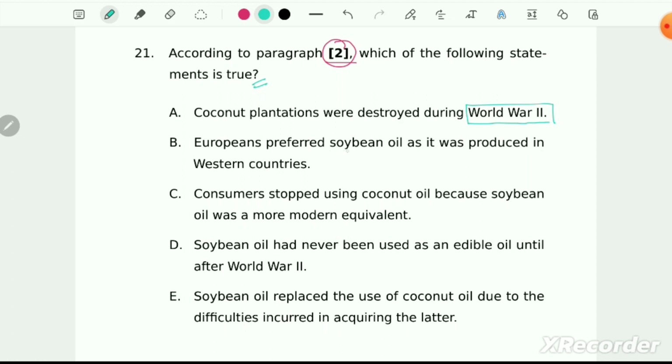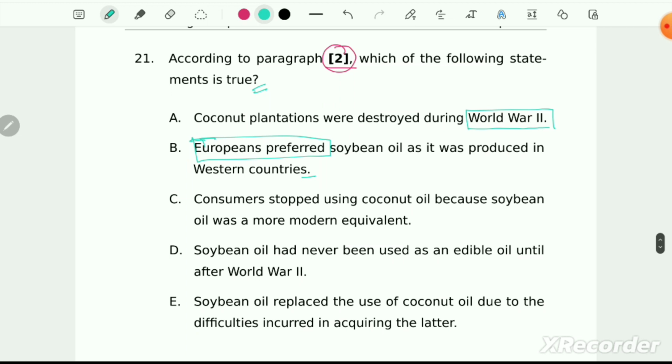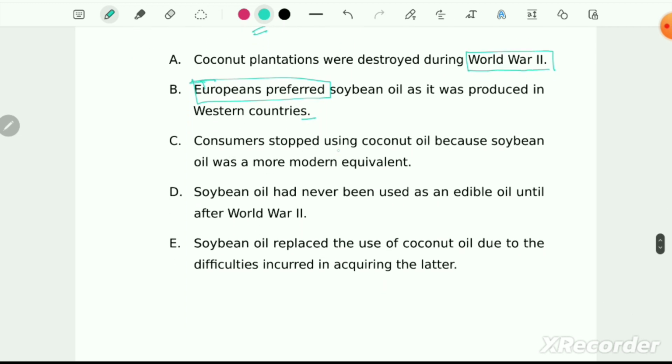Okay, we'll look at it. So Europeans preferred, why? This is a keyword. Preferred soybean oil. Consumers stopped using coconut oil because soybean oil was a more modern equivalent. So soybean oil is a keyword, consumers also a keyword.